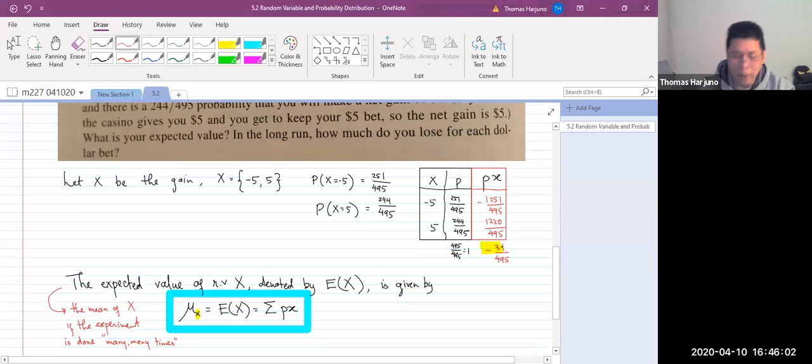Which, if I use my calculator, 31 divided by 495 is equal to negative 0.06263.